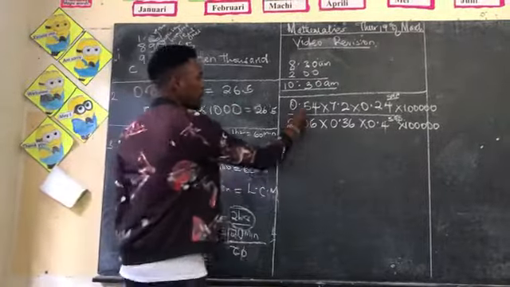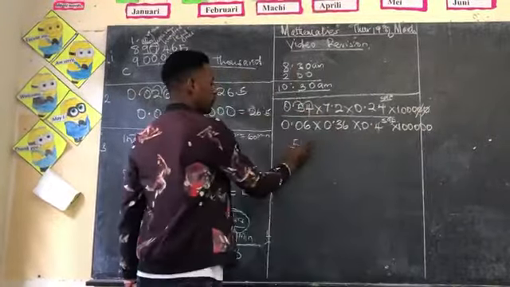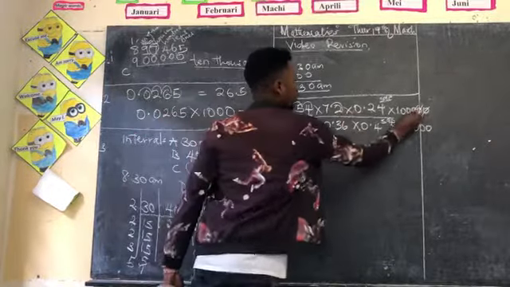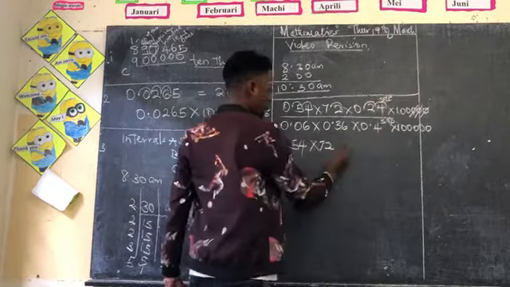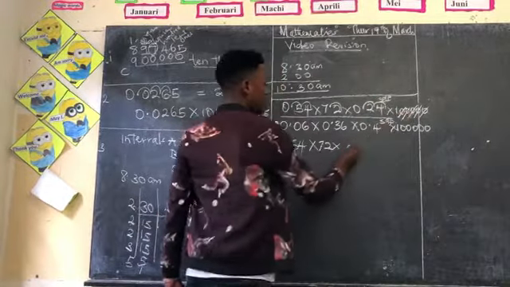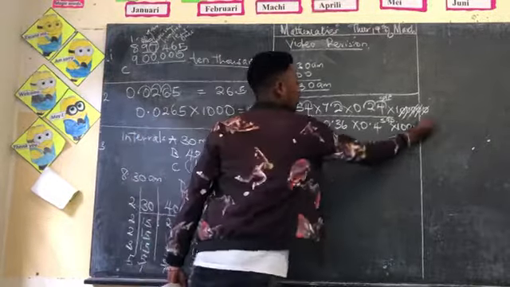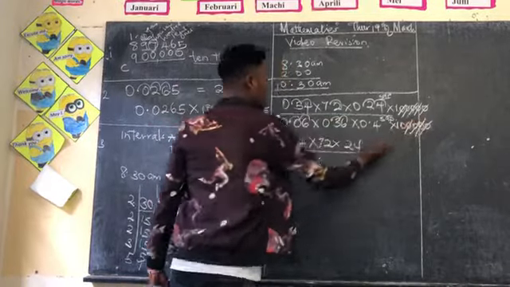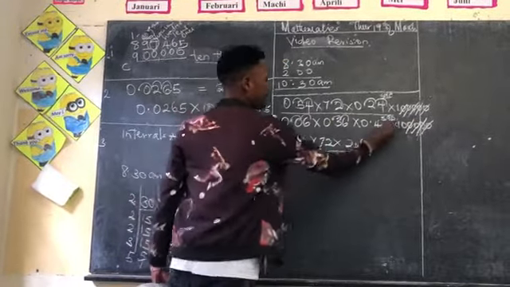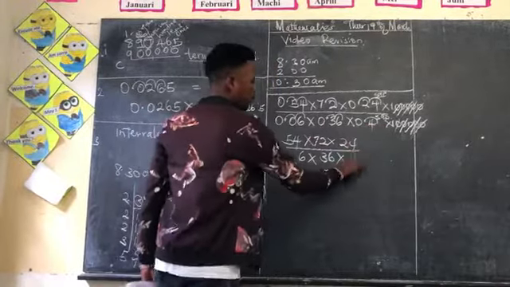So when you multiply that one, shift the decimal, 2 zeros are gone. This gives you 54. 1 zero is gone, so it gives you 72. That gives you 24, and 2 zeros are gone. All over, 2 zeros are gone, that gives you 6 times 36 times 4.